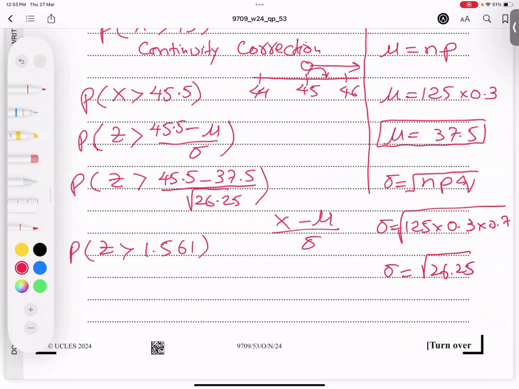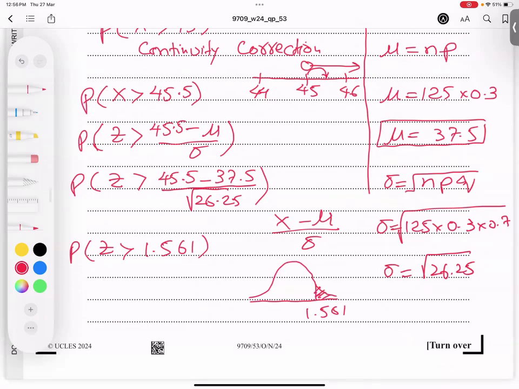Okay, this is done. Now, what to do afterwards? We have to go for a bell shape, you know it very well. First question, is it positive or negative? Positive here, negative here. It is positive, so 1.561 is here, and more than means this part.